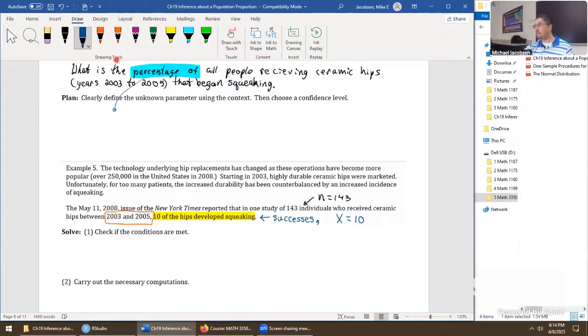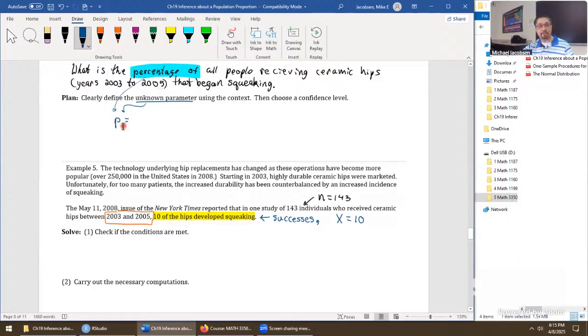This is a good indicator that the unknown parameter itself is indicated as P, categorical data. These are pretty tricky to write, but our practice was we have to mention what the success is, and then we have to mention what the population is. A success is receiving a ceramic hip that eventually began to squeak. And the population is everyone who received them, but specifically within that time frame.